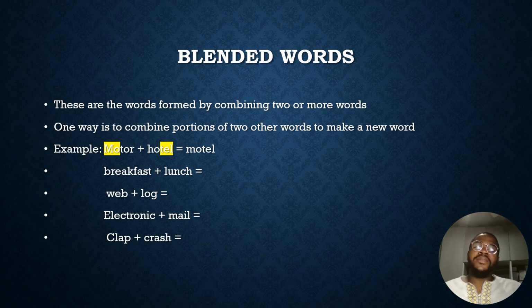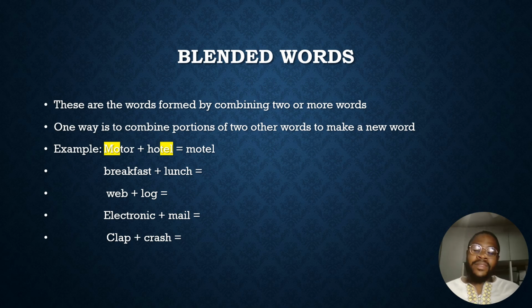Now, one way is to combine portions of two or more words to create a new word. Remember in compound words, we take the full words and we bring them together. Here, we don't do that. We just take a portion of that and a portion of that, and then we put them together, and we create one new word.